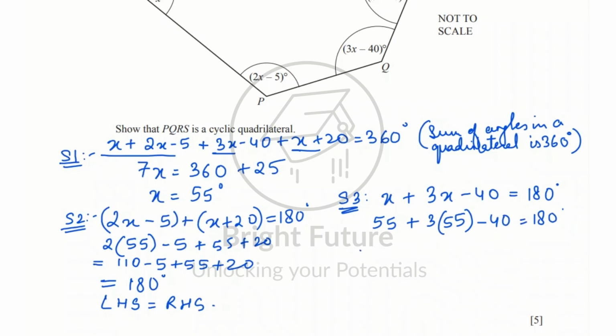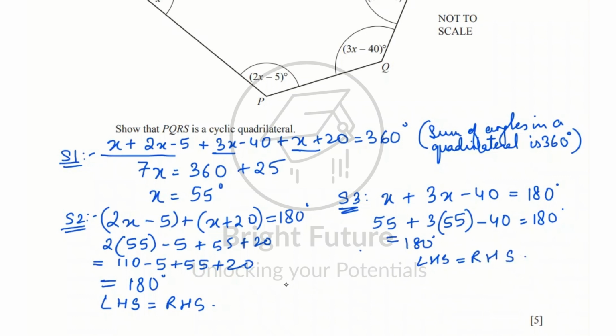Let's see, 55 into 3 is 165. 165 plus 55 minus 40 is 180. So this is also equal to 180. Therefore, LHS is equal to RHS.